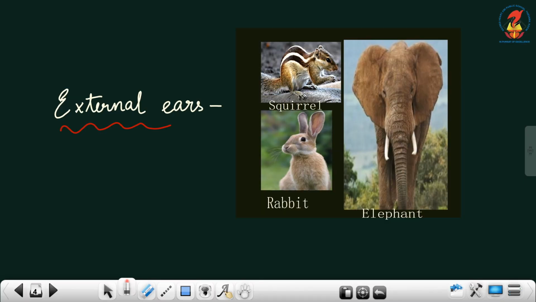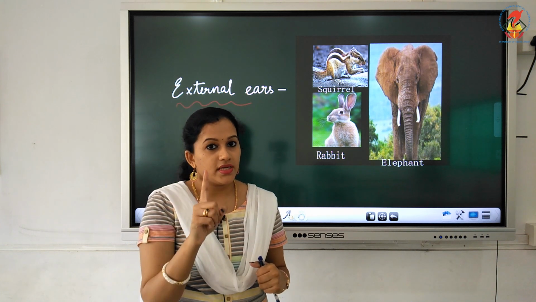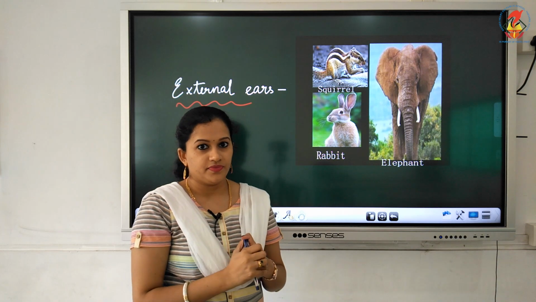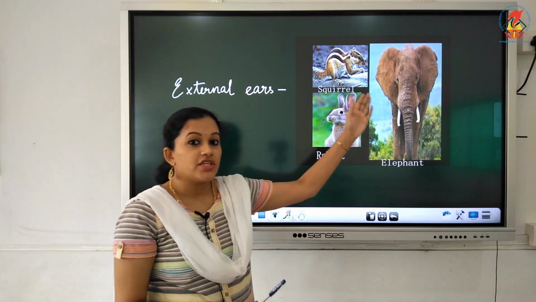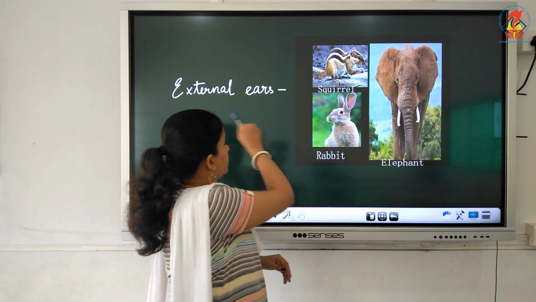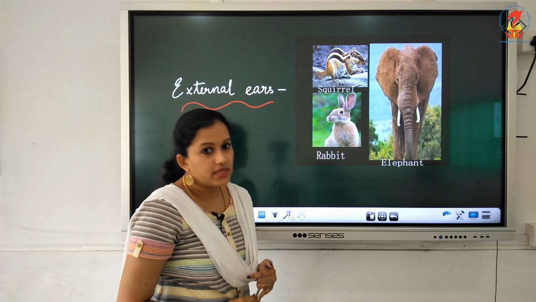Why? Because they are placed outside their head. We can see one ear on both sides of the animal's head. So, as it is placed outside the head, we call it the external ear.